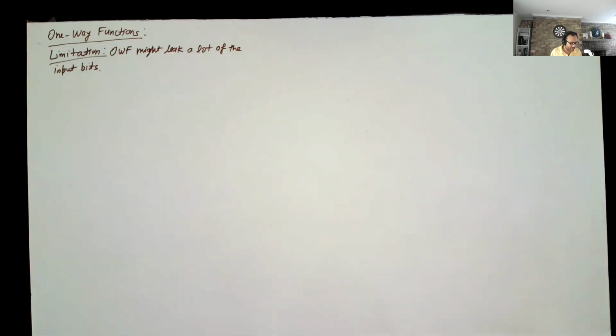So let's think about how we can overcome this limitation. Okay, fine. One-way functions might leak a lot of the input bits, but is there some subset of the bits, or even, let's say, one bit? Is there even a single bit in the input which I can point to, and I can be confident that my one-way function is going to keep this bit hidden in some sense? So that's the question.